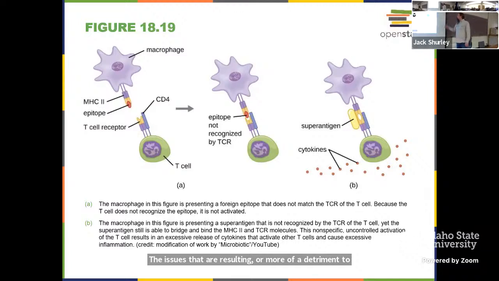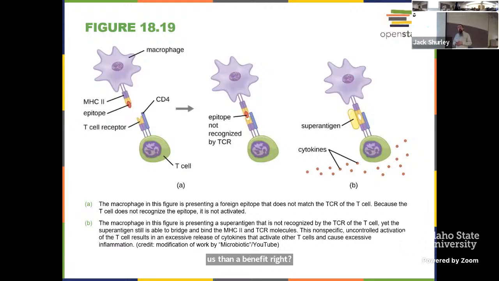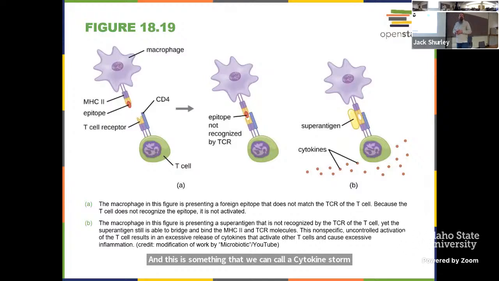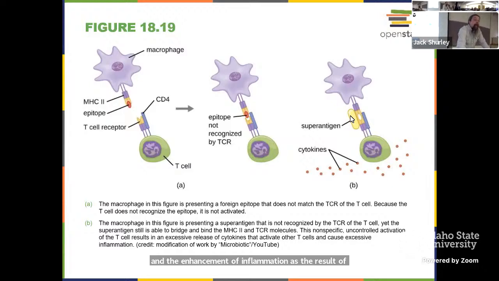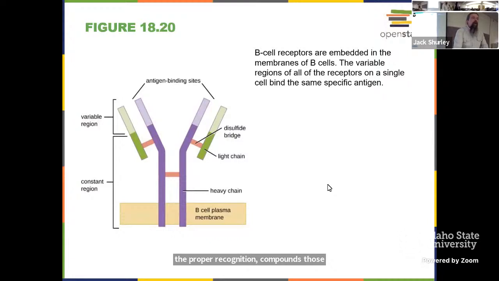And this is something that we can call a cytokine storm. As this is happening, you get a massive influx of these cytokines released, stimulating other cells to come in, and the enhancement of inflammation as the result of all of these other cells, and the possibility of more of this stuff occurring instead of the proper recognition compounds those ill effects. Crazy.